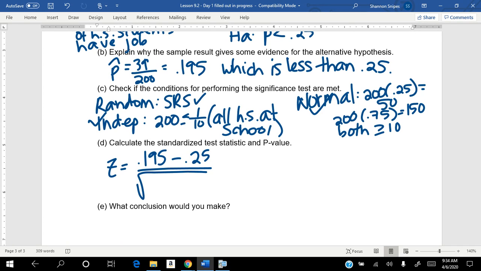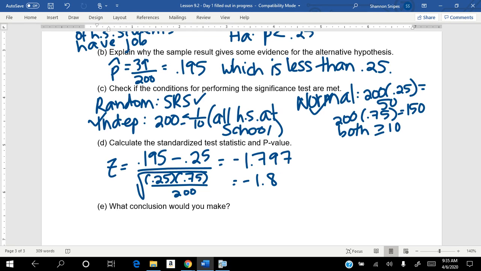So we're going to do the square root of 0.25 times 0.75 divided by 200. When I put all that in my calculator, I get negative 1.797. So let's just do negative 1.8.